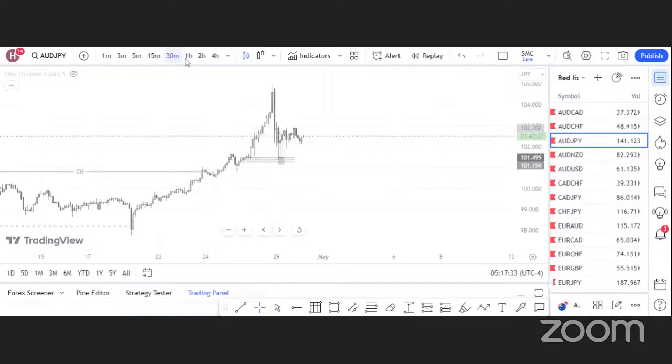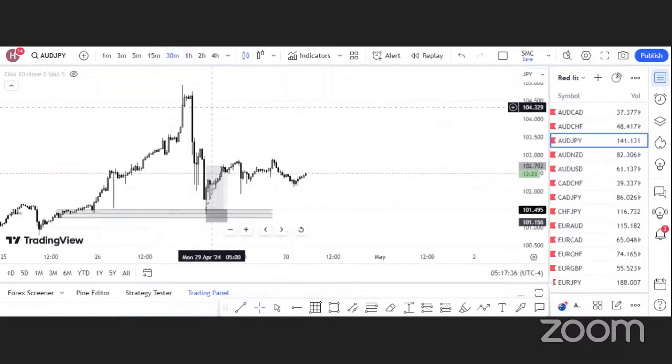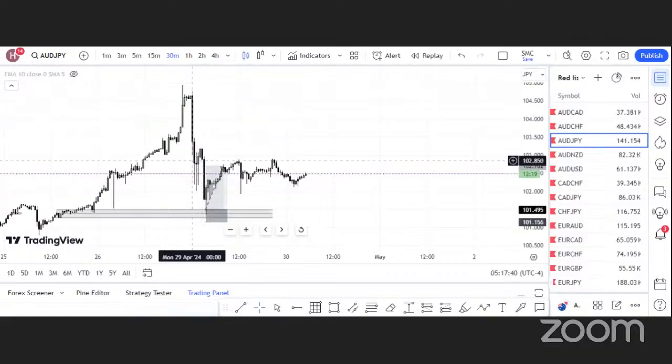So this market made this heavy move yesterday.